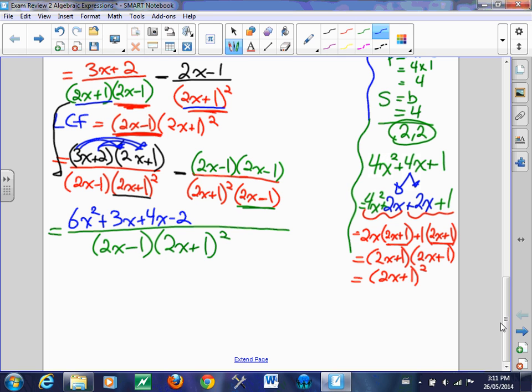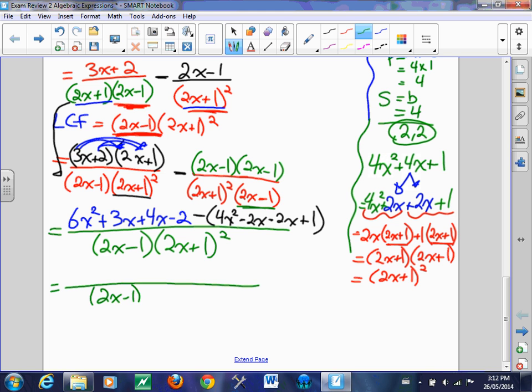Don't forget we have a negative sign out front, so we still need a bracket in here when we're doing FOIL. So it's going to be 4x squared minus 2x minus 2x plus 1. Working our way through this, I know it takes a little bit of room. I always like to do the denominator first, guys.